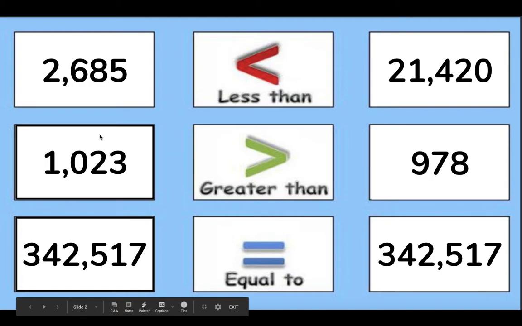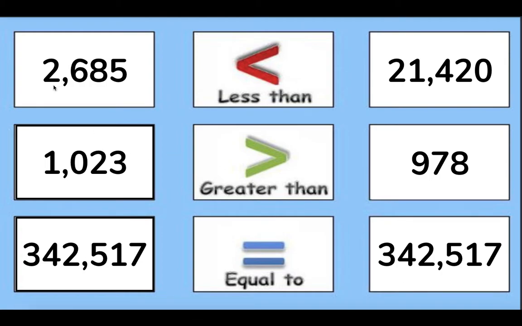So in our first example, we see 2,685. We have the less than symbol. Is less than 21,420. We read that 2,685 is less than 21,420.